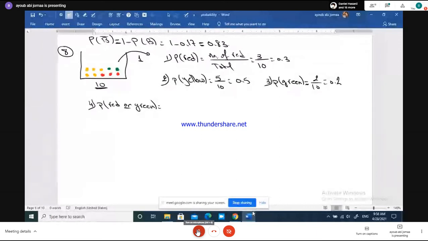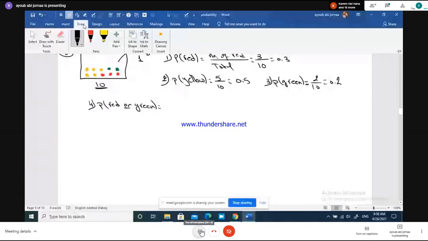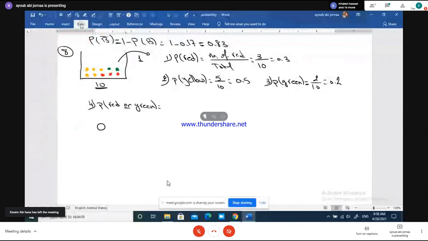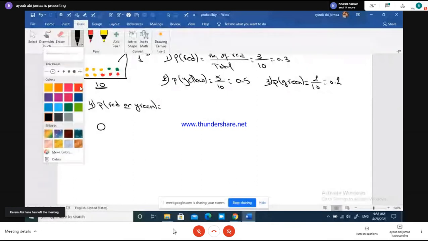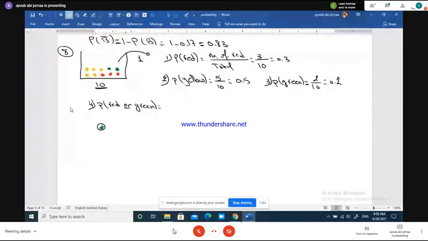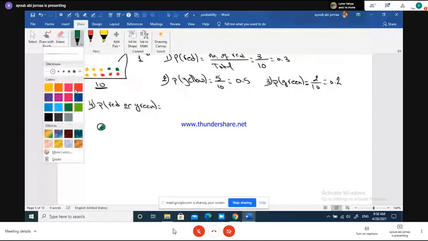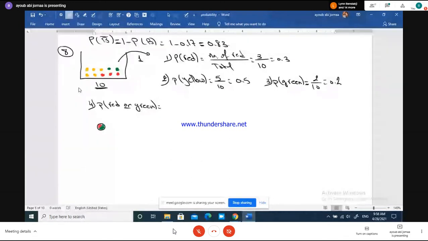Can the marble be at the same time red and green? Is there anything like that? No. Like a marble that is half red and half green. No.